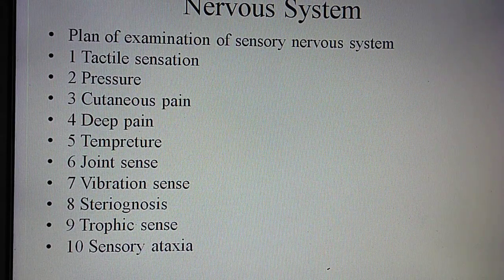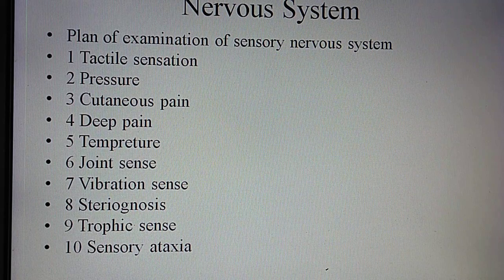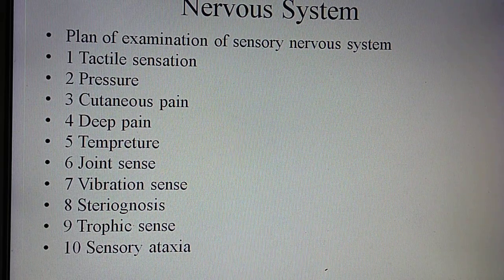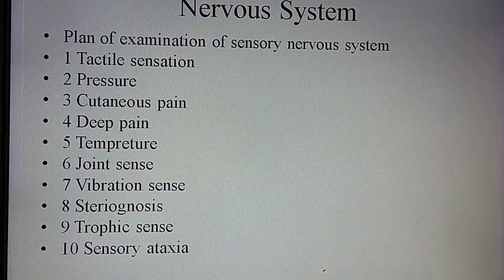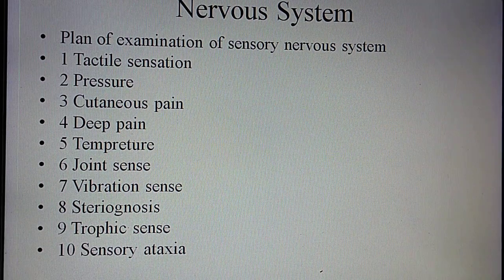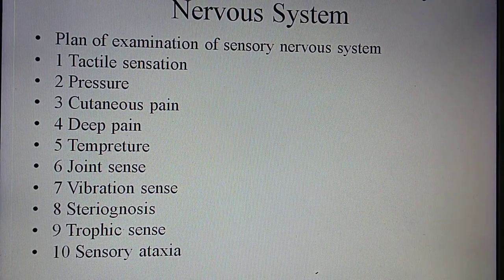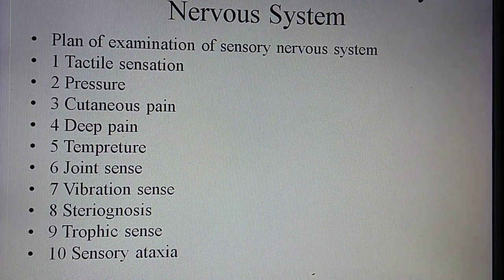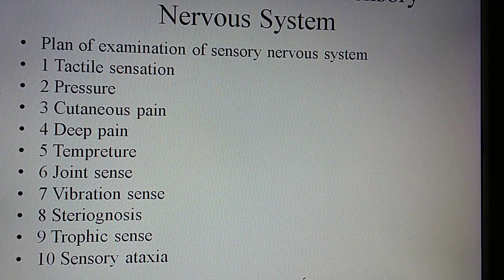Now we'll see the plan of examination of the sensory nervous system. Before that, we should remember the different types of sensations. Number 1, tactile sensation. Number 2, pressure. Number 3, cutaneous pain.